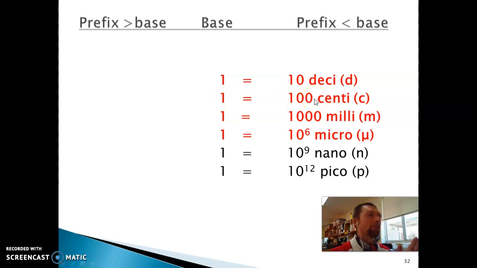So a centimeter is 1/100th of a meter. And a millimeter is 1/1000th of a meter. And so as a conversion factor, 1 meter equals 1,000 millimeters, or 1 liter equals 1,000 milliliters.